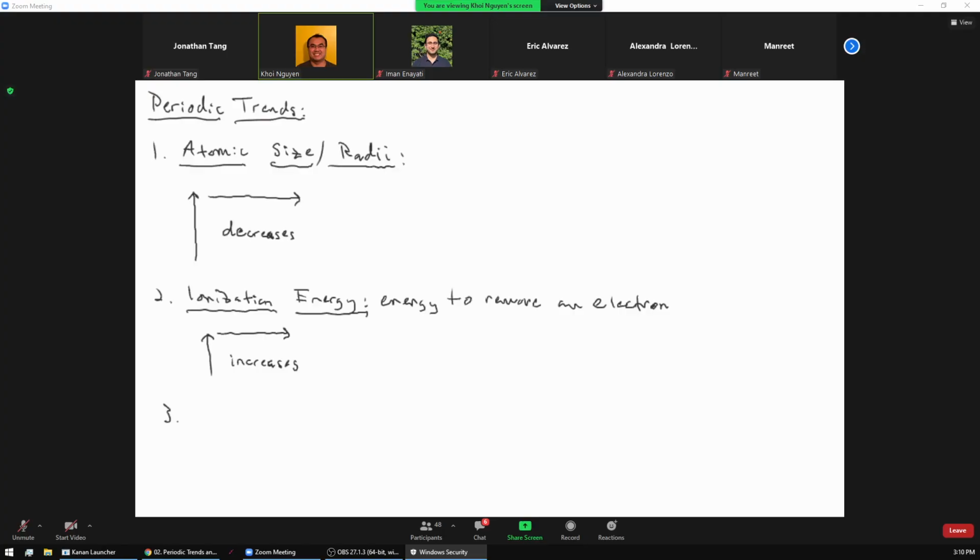Okay, there's 2 questions that are being asked right now. Sorry. Why does it increase moving to the right? Why is there higher ionization energy for, say, neon than lithium?